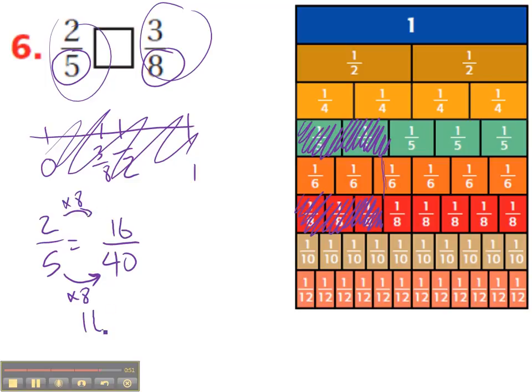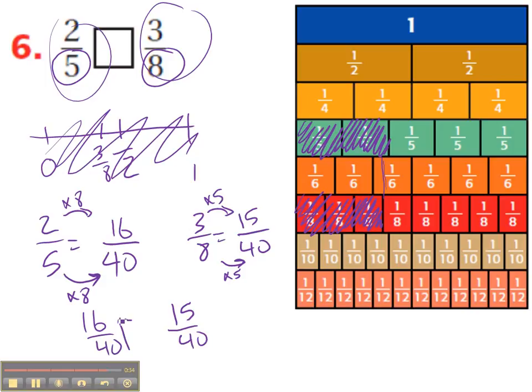So we have 16/40 on this side compared to 3/8. If we convert that to 40ths, this is times 5, so this needs to be times 5. So that's 15/40. So 16/40 here and 15/40 here. 16/40 is greater than 15/40. So 2/5 is greater than 3/8.